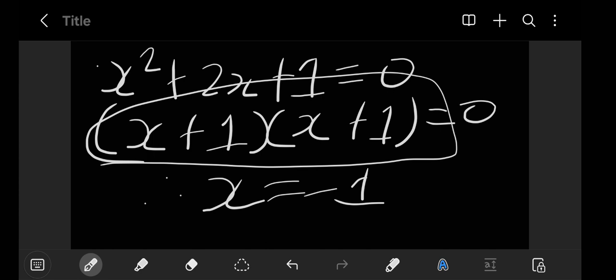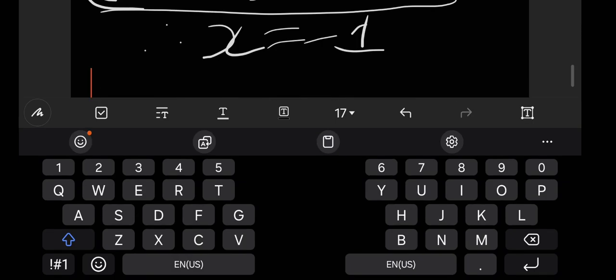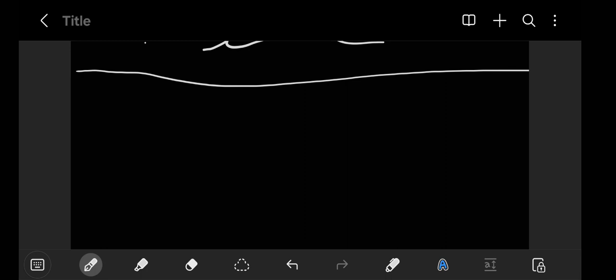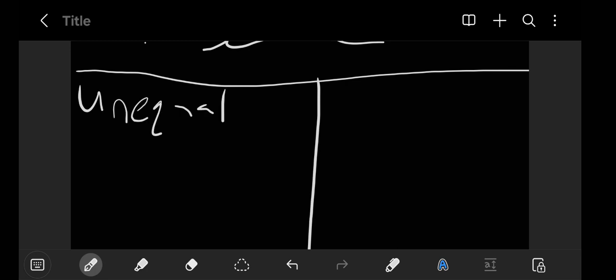And then from there we also have unequal real roots. I think we have done an example of unequal real roots, guys.